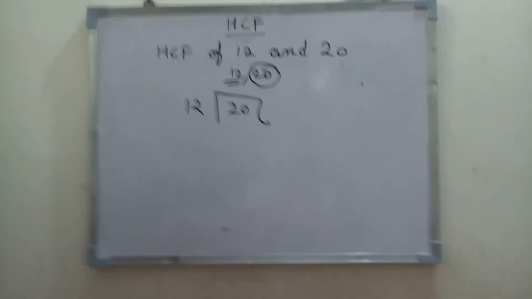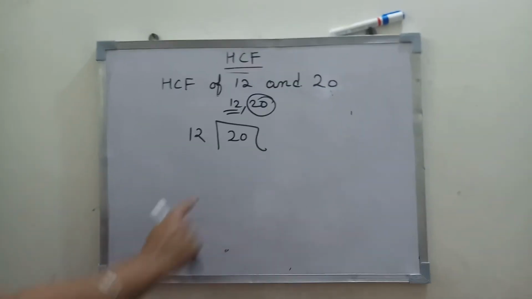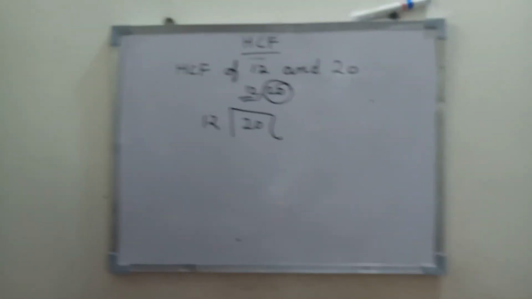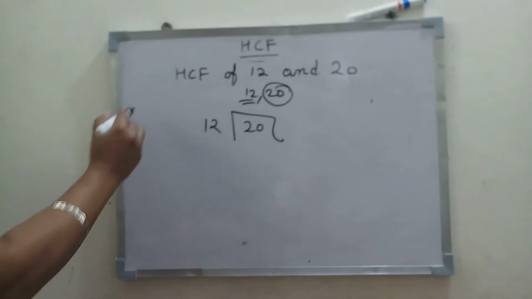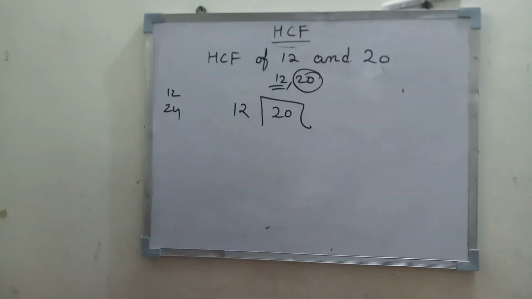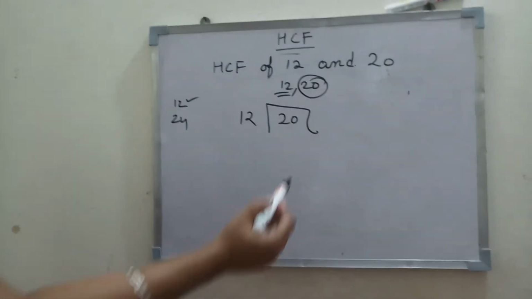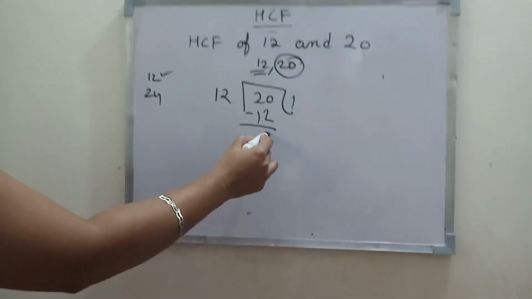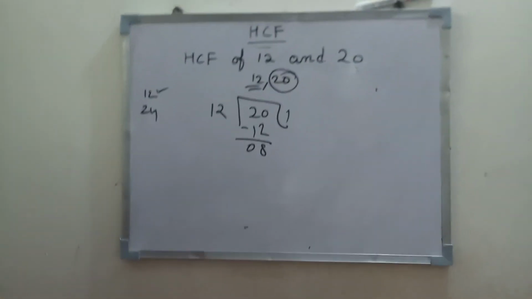Now we divide in the general way. 20 is dividend and 12 is divisor. 12 ones are 12, 12 twos are 24. So obviously you have to take 12 because 24 is greater than 20. After subtraction you get the remainder 8.